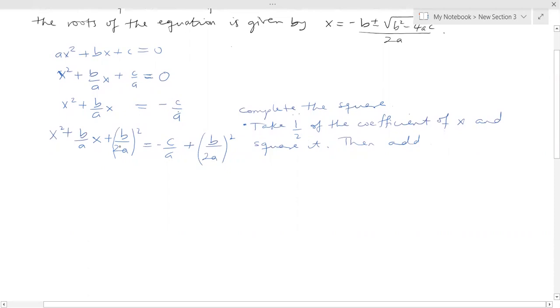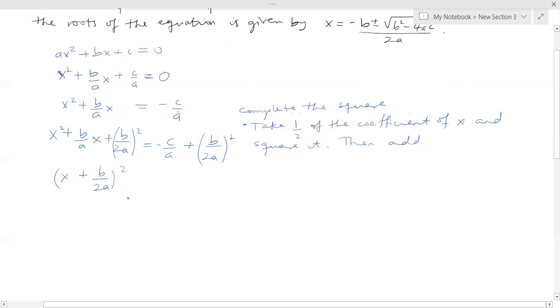So this is the square of the sum of a binomial, right? So I can easily come out with the square. Okay, so the square root of this will be x plus b over 2a, and the whole thing is squared.